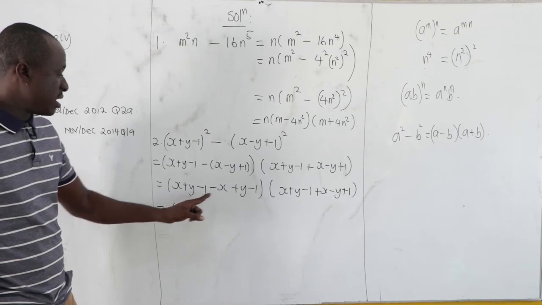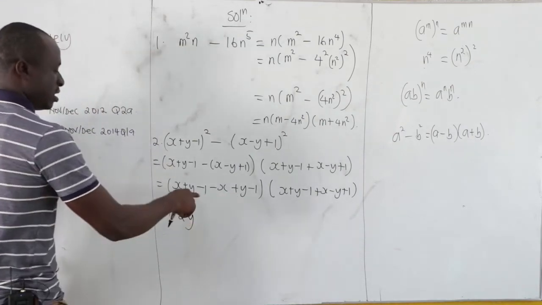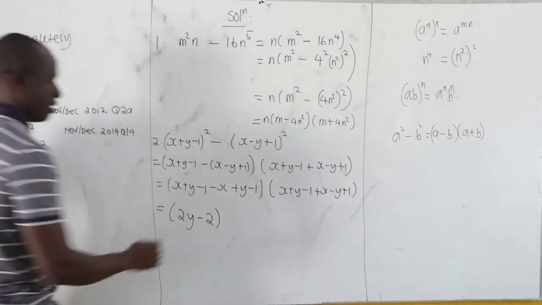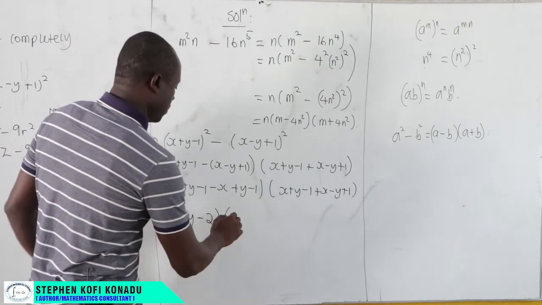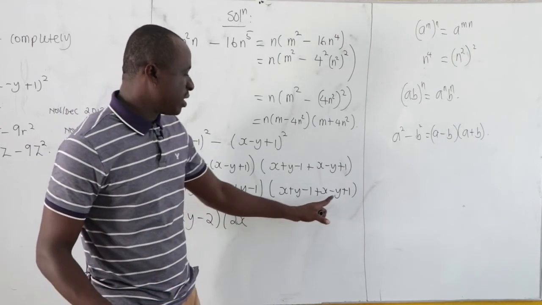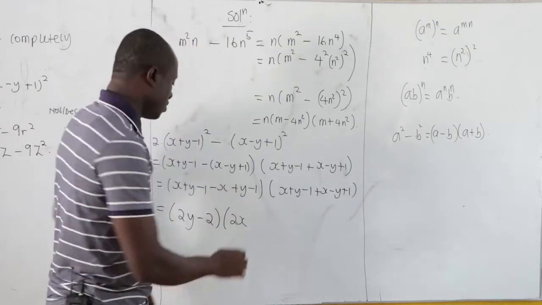And then y plus y, and this is giving me 2y. Negative 1 minus 1, that is negative 2. Now let's see here. Now x plus x, this is giving us 2x. Now y minus y, that is 0. Negative 1 plus 1, that is 0.